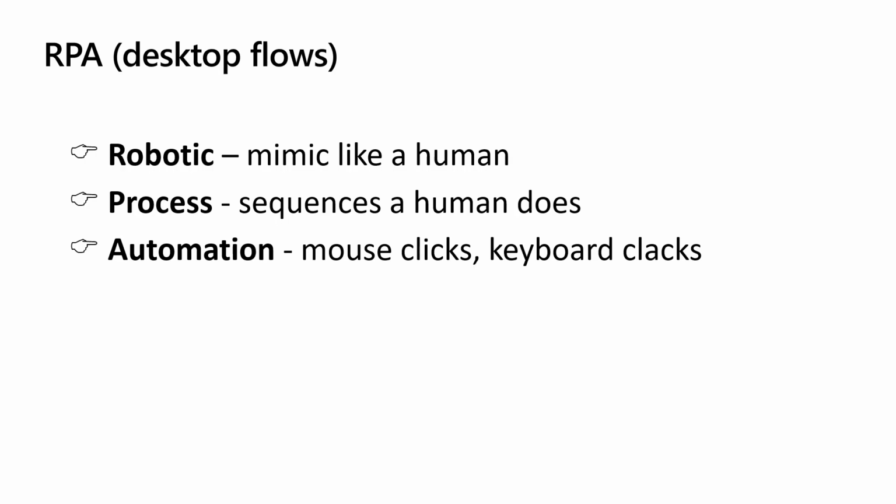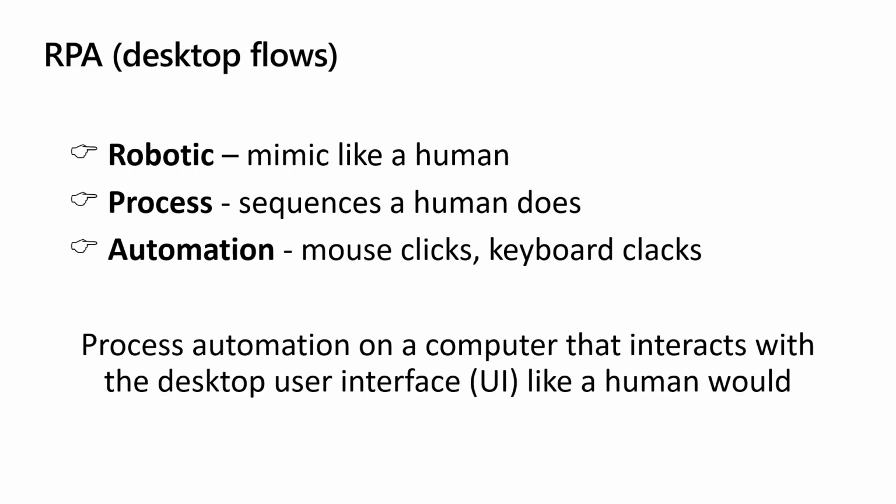It's automating the user interface that the human would use. So in this case, RPA is process automation on a computer, not in the cloud. It needs a computer that interacts with the desktop user interface like a human would. Sometimes you might hear the term UI automation or user interface automation, and they're simply referring to a particular style of RPA.